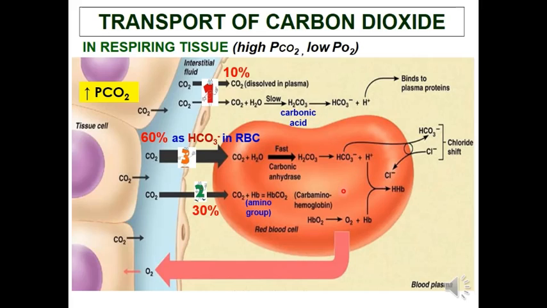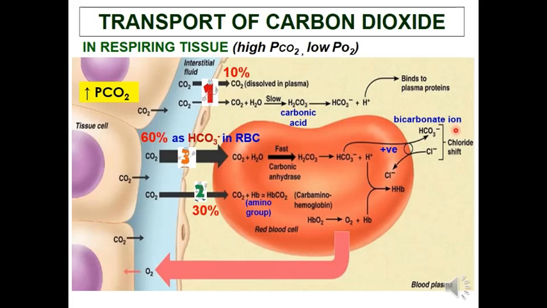Then this bicarbonate ion will diffuse out to the blood plasma and leave the red blood cell with a positive charge, meaning it leaves the hydrogen ion in the red blood cell, and because of that the chloride shift occurs, shifting the negative charge carried out by bicarbonate ion to the blood plasma.